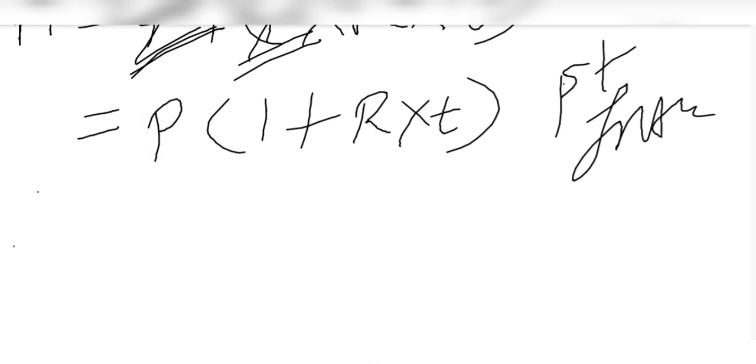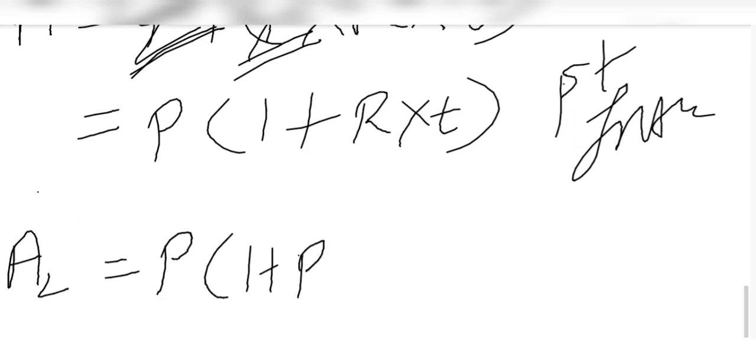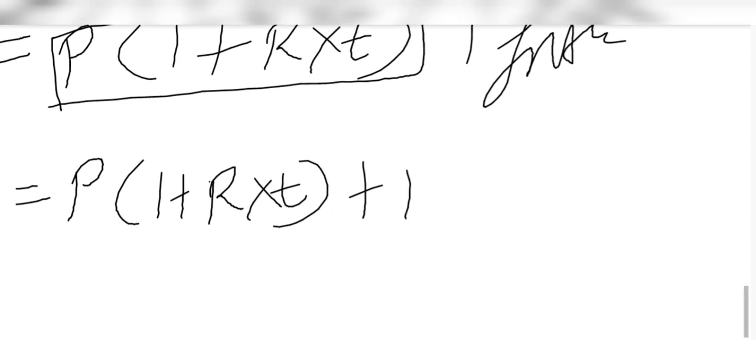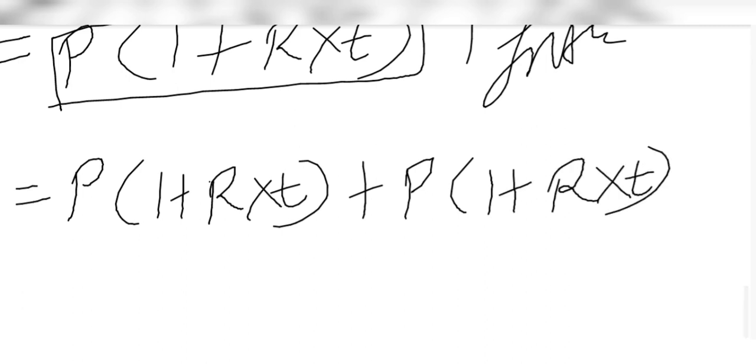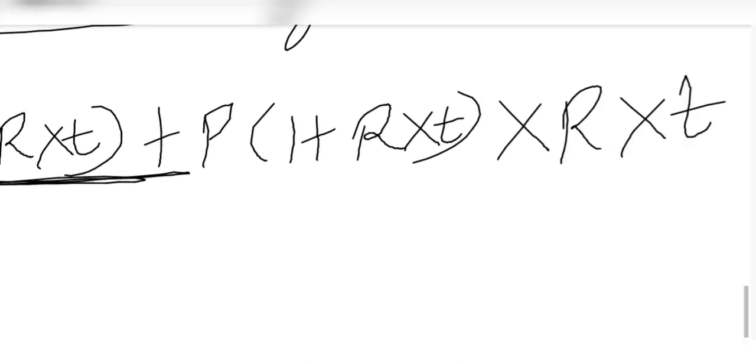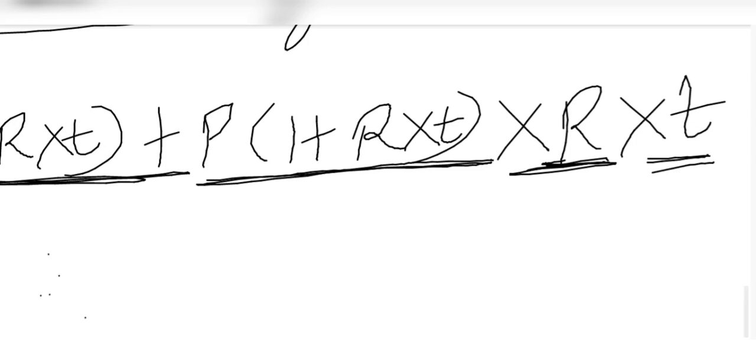For the second, A2 we can say P into 1 plus R into T plus interest on this P into 1 plus R into T into R into T. This is the opening principal, and this is the interest for T period on principal.